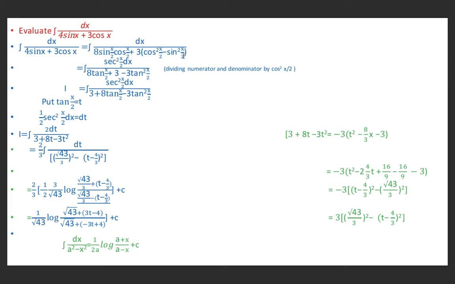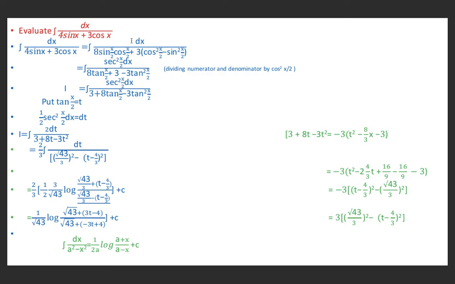In all the functions of the form 1 upon a sin x plus b cos x, always use this technique that first of all decompose sin x as 2 sin x by 2 cos x by 2 and cos x as cos square x by 2 minus sin square x by 2. Then divide the numerator and denominator by cos square x by 2.